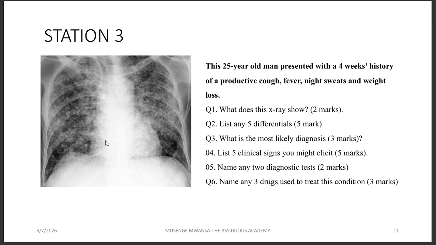Yeah. So basically, the opportunistic infections, most of them are caused by fungi in someone that has HIV. We'll show this picture. Okay, coccidiomycosis. Anything else?